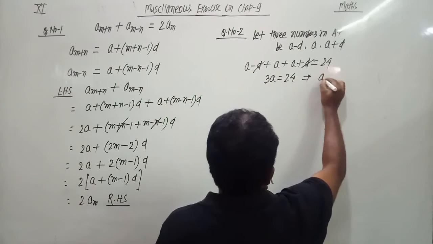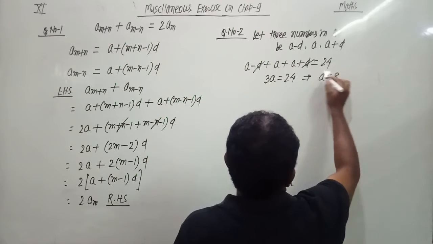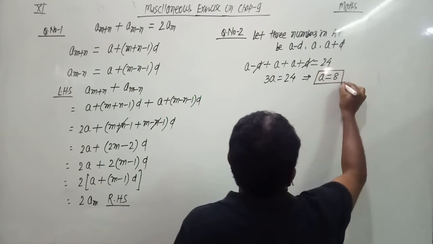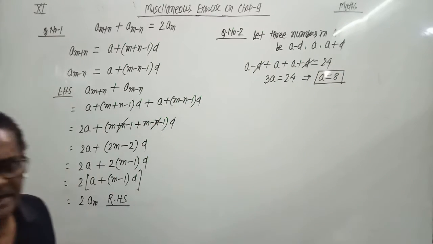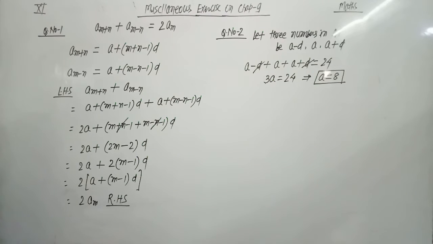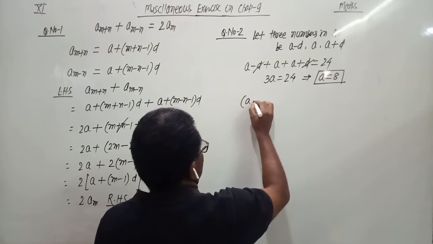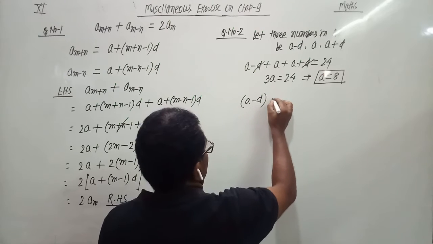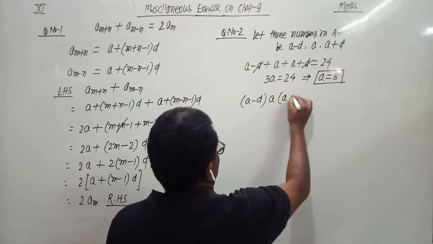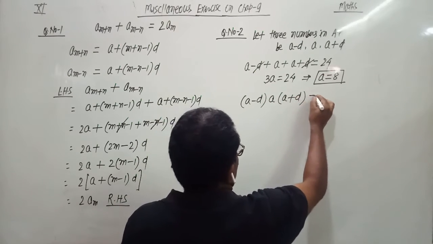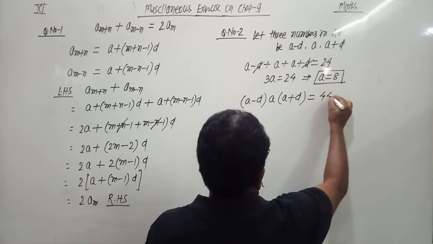The value of a comes to be 24 upon 3, that is 8. So we get a equals 8, and it is also given that their product is 440. A minus d into a into a plus d equals 440.